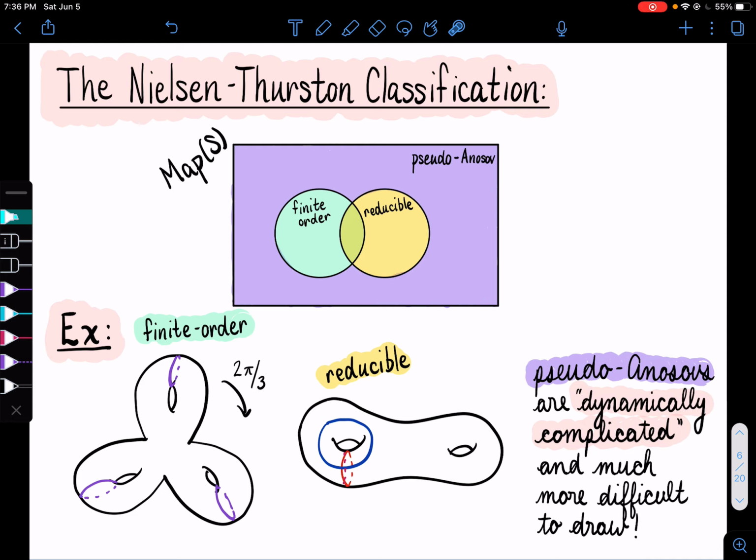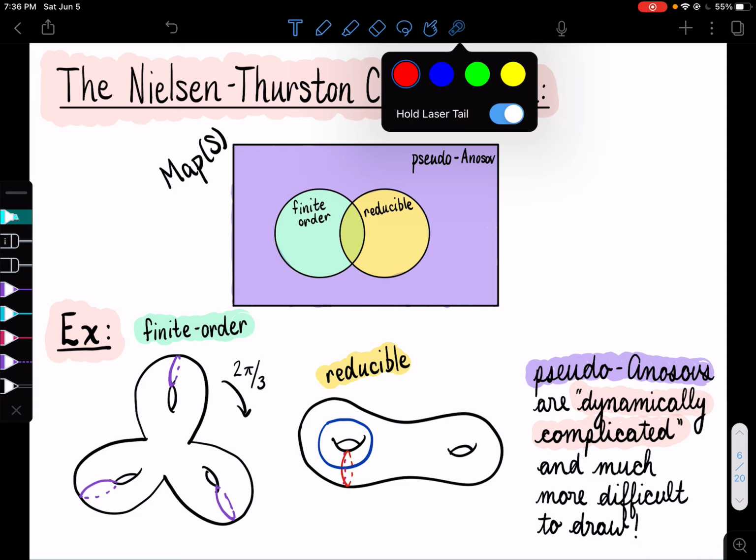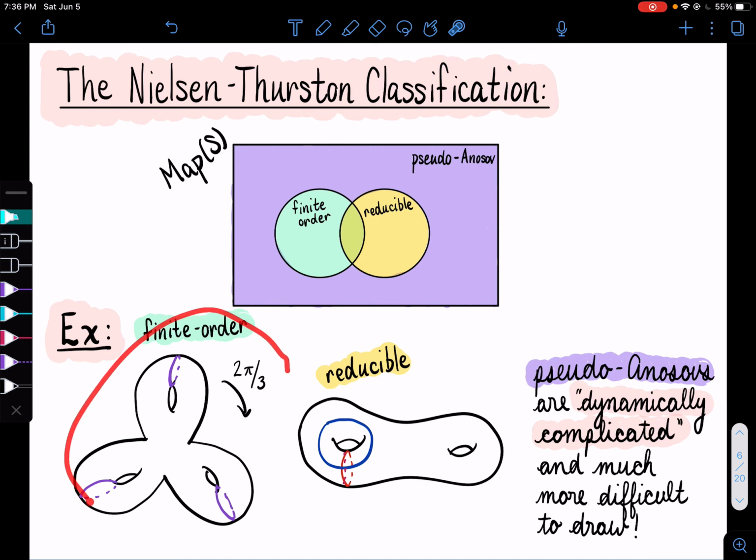Okay. I've given just a couple of examples down here for folks who aren't super familiar. Here is an example of a finite order element of the mapping class group, which is just this rotation of this genus 3 surface, which I've drawn sort of like a fidget spinner. Here I'm rotating by 2 pi over 3. If I apply this 3 times, I come back to my original position.